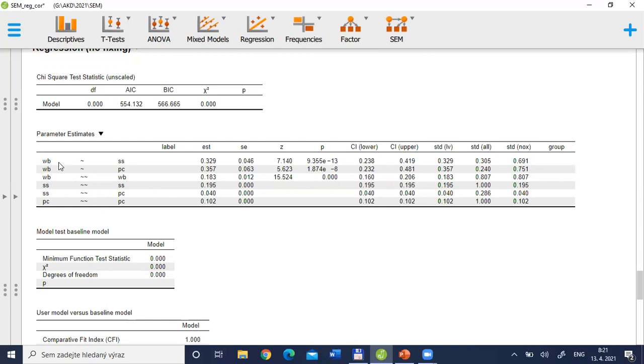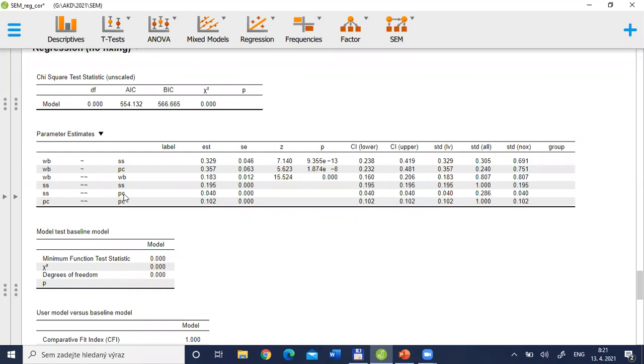So these are 3 variances. There is also one regression coefficient, a second regression coefficient, and there is also a covariance for predictors. This is the row SS double tilde PC.